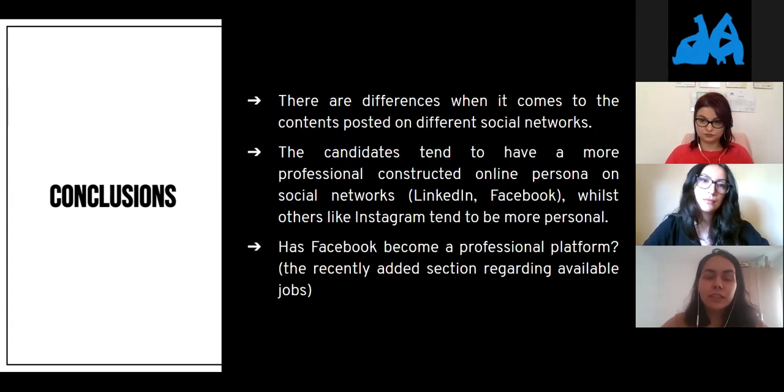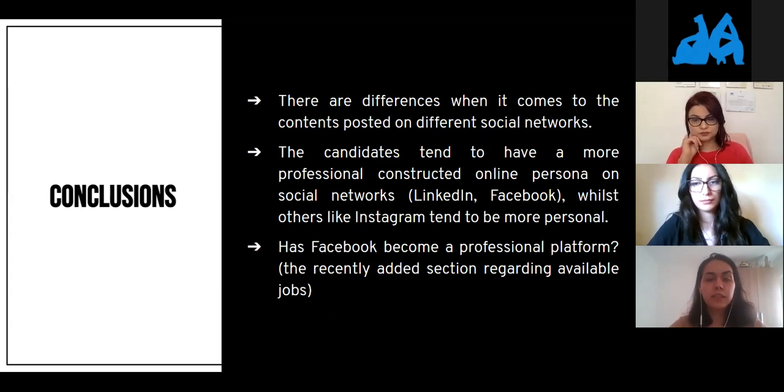Moving on, we noticed that there are differences when it comes to the contents posted on different social networks. And as Maria said earlier, LinkedIn is seen as a more professional type of platform, while Instagram tends to be more personal and social. Facebook is kind of in the middle.